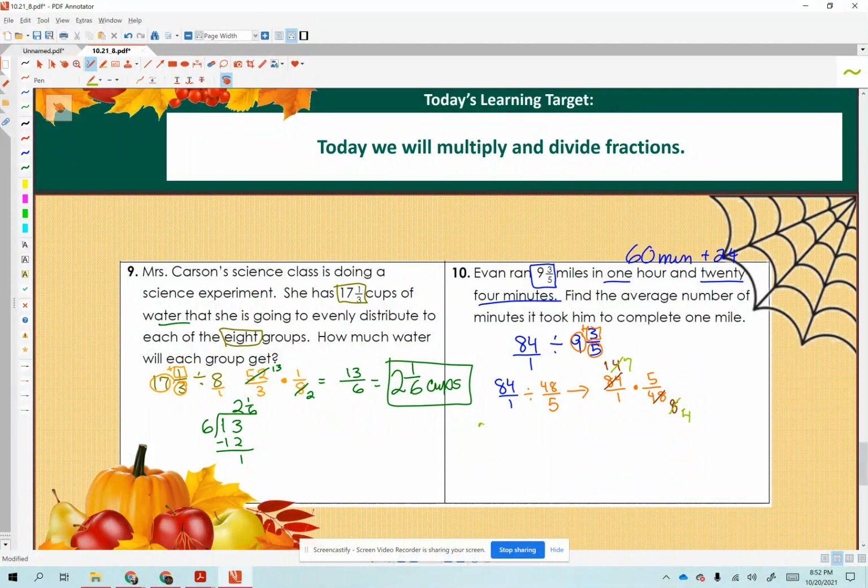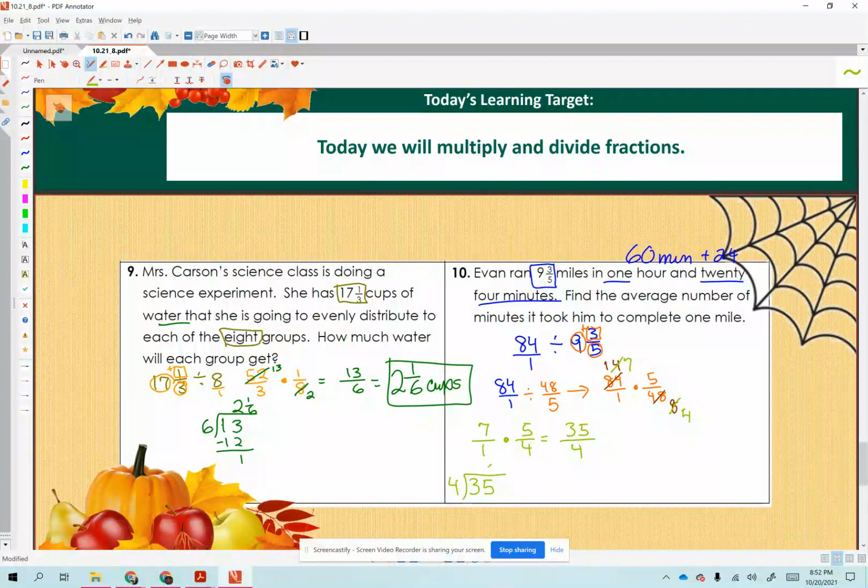So now let's rewrite that so we can follow along. 7 over 1 times 5 over 4. So 7 times 5 is 35. 4 times 1 is 4. And let's divide 35 by 4 to convert that back to a mixed number.